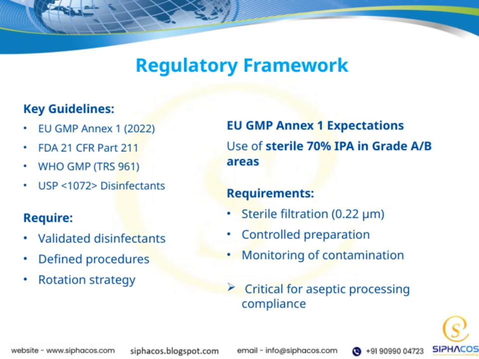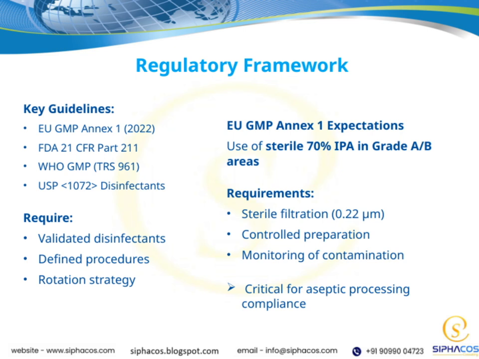Moving on to the regulatory framework, there are several key guidelines to keep in mind. The EU GMP Annex 1, last updated in 2022, sets specific standards we must follow. We also refer to FDA 21 CFR Part 211, WHO GMP guidelines outlined in TRS 961, and USP 1072 for disinfectants.